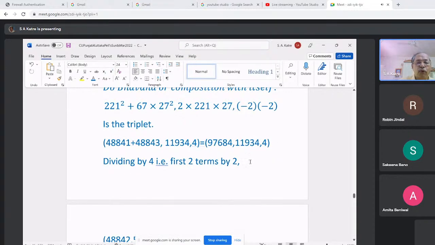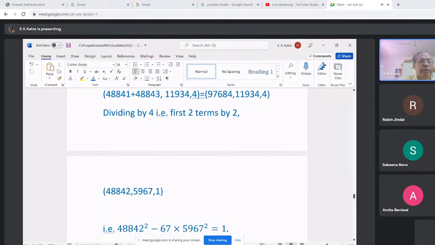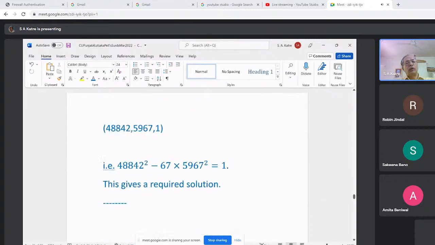That gives you the answer 48842, 5967, and so we get the required solution: 48842 square minus 67 into 5967 square is equal to 1. And so it cannot be done by trial, you see. Although a computer can try it, but not we. So therefore this method is important.